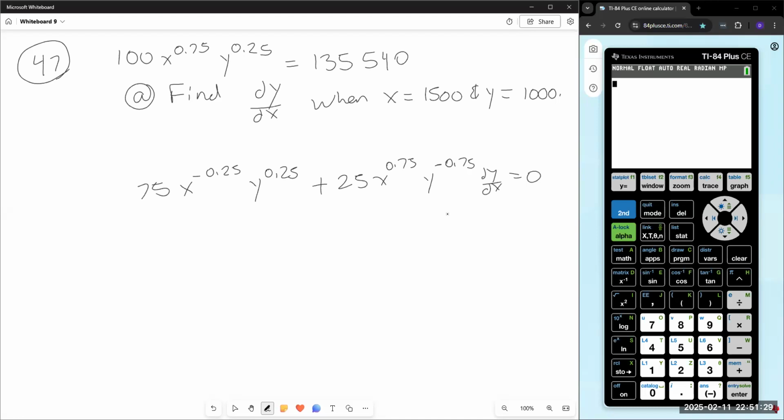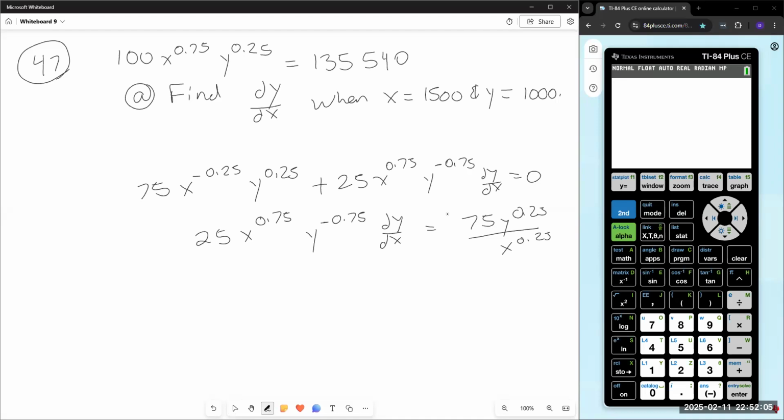We're going to have 25x to the 0.75, y to the negative 0.75, dy/dx is equal to 75y to the 0.25 over x to the 0.25.